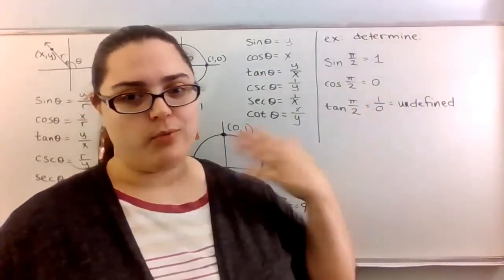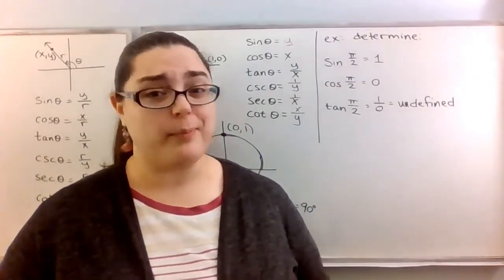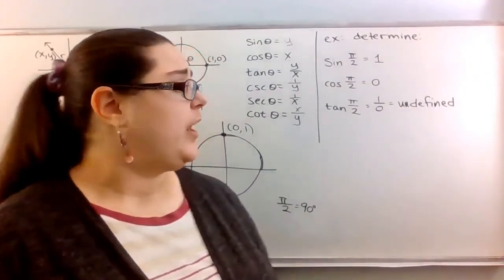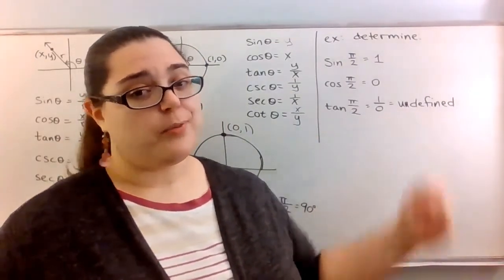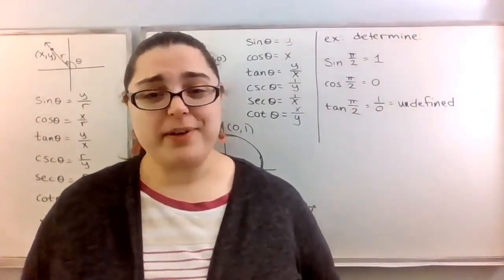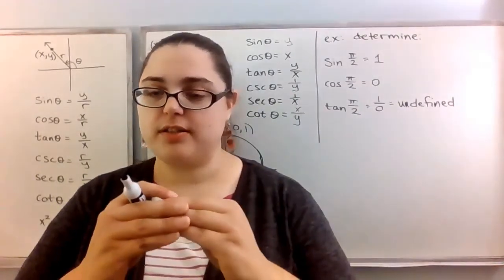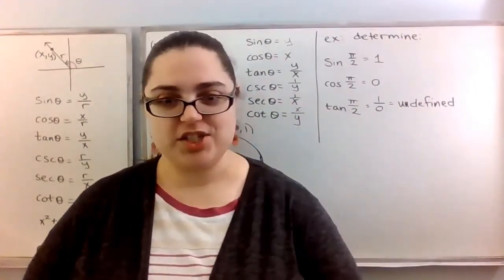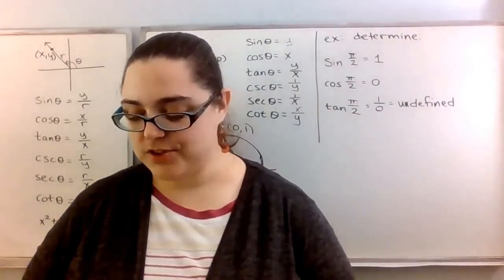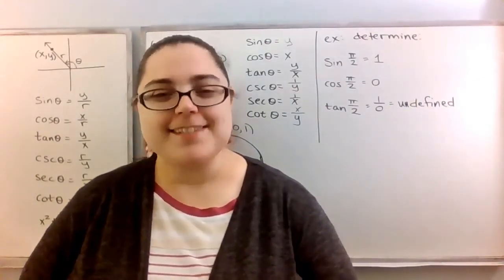If we think about a triangle, that would mean one of the sides had a length of 0, which wouldn't make sense, right? And we can get trig values that are undefined. So we can get some weird stuff happening using these definitions, because now we're no longer constrained to thinking of a triangle, we're thinking of the whole Cartesian plane. So I think ending on some weirdness is a good place to end.